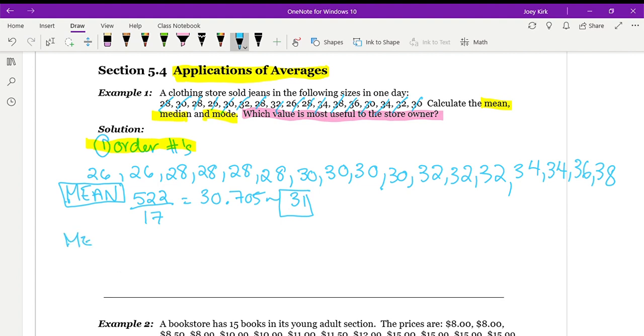let's do all caps, since we're doing all caps, our median, we are going to find the middle number. So if there are 17 numbers total, you know that there are going to be 8 on one side, 8 on the other, because 8 plus 8 is 16, and 1 in the middle.